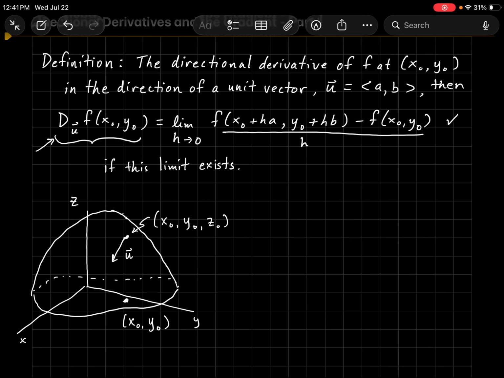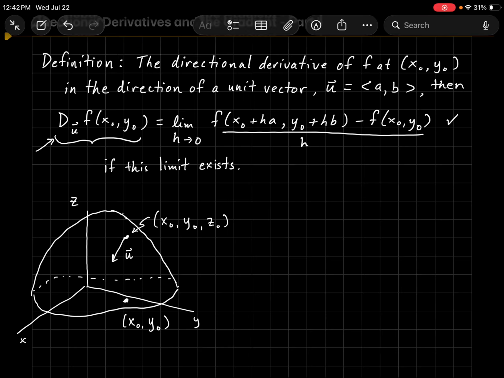Now, as I have explained, I like to think of my surface as a mountain. I'm standing on a mountain, and depending on the direction that I go, I would walk at a different slope. So what if I wanted to know the slope in a particular direction?